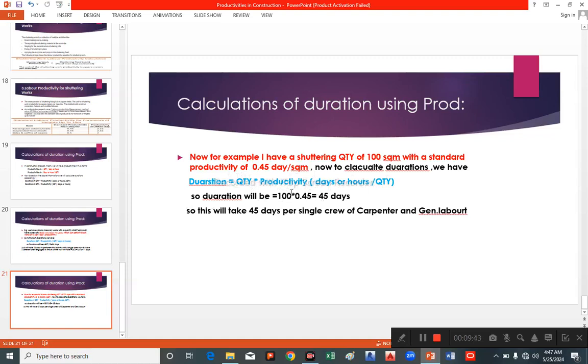This specific group can work on 1 square meter in just 0.45 days. So the duration for this 100 square meter will be this quantity multiplied by the standard norm, 0.45 days per square meter. We get 45 days. This will take 45 days for a single crew of the carpenter and general laborer. Just note it down, this is only for the single crew.